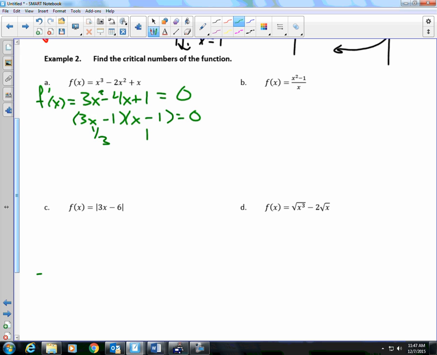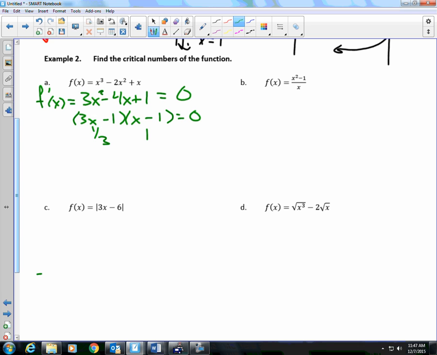So we have 1/3 and 1. So we know where the derivative is equal to 0, so it has critical values at 1 and 1/3. The question is, is there anywhere where the derivative does not exist? That means, are there any domain restrictions for this polynomial? No, you can plug in any number you want for a polynomial, right? So we don't have to worry about that.